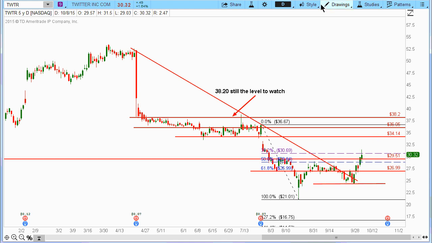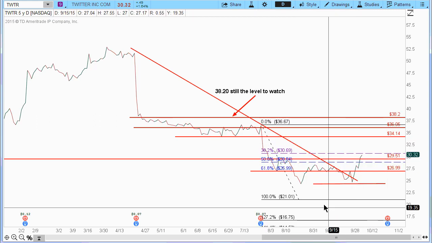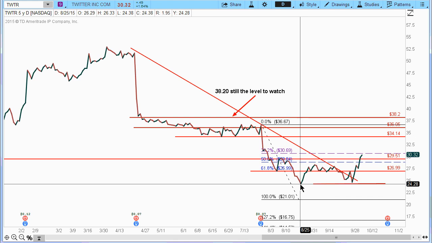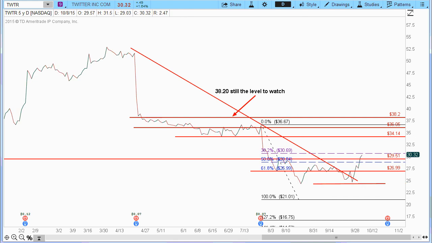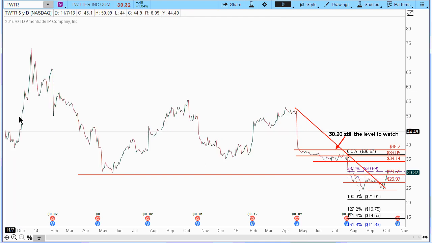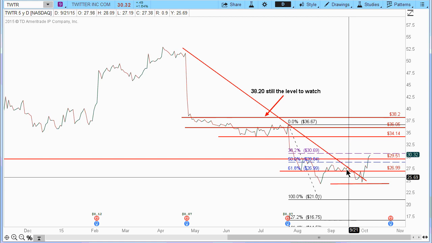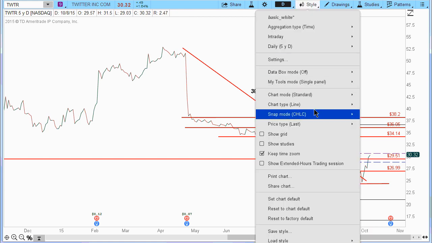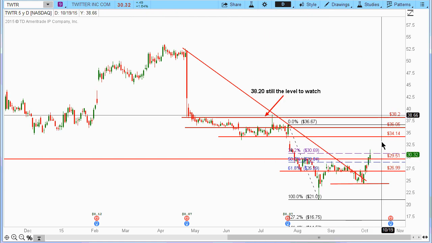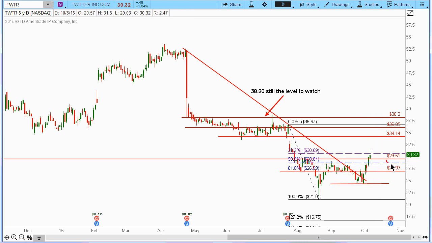If we take a look at the line chart here, okay, so this is the lowest point. And even if we go all the way back to the IPO, since the day of IPO, this is the lowest low. So it held above that low, which is a positive, and now it's come to and popped up to this 2950.